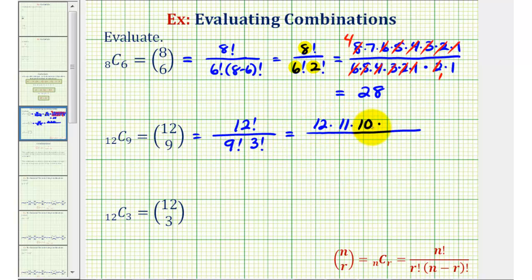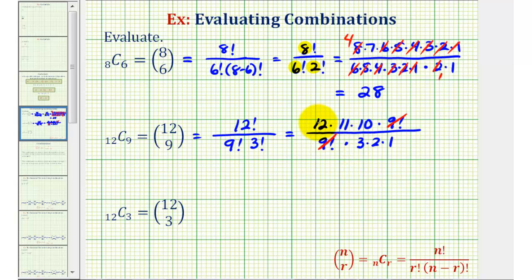But notice how the remaining factors would be 9, 8, 7, 6, 5, 4, 3, 2, 1, which is the same as 9 factorial. So I'll stop here and write this as 9 factorial. And then for the denominator, I'll leave 9 factorial and expand 3 factorial, 3 times 2 times 1. Notice in this form, it's less writing, and 9 factorial over 9 factorial simplifies to 1.